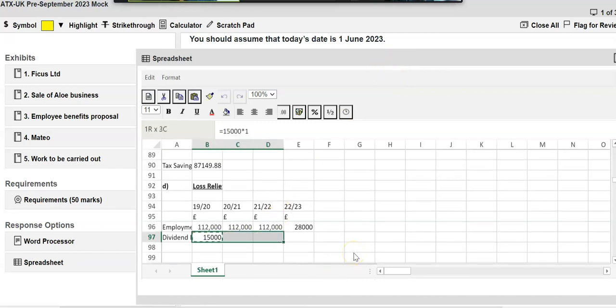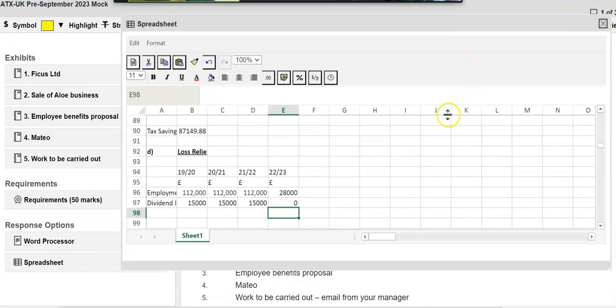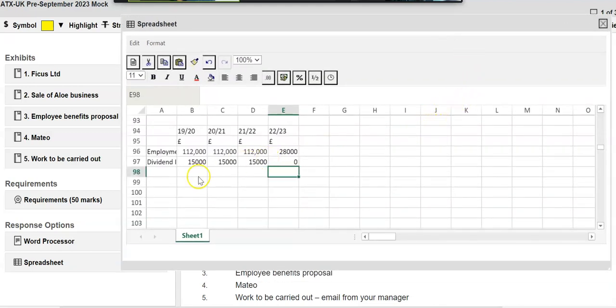Thank God it is here, because if it would have been gone, then I would not have solved anything else. Okay, so let's make a sum. That's 127,000. Control C and Control V. So this is your total income.